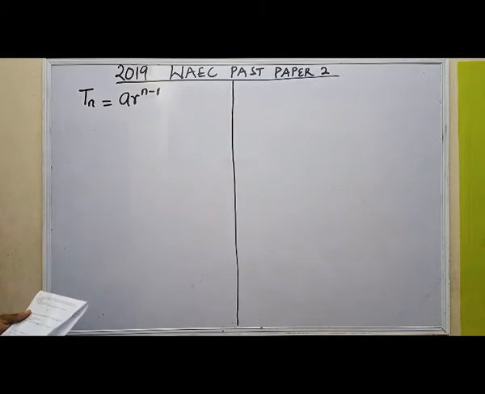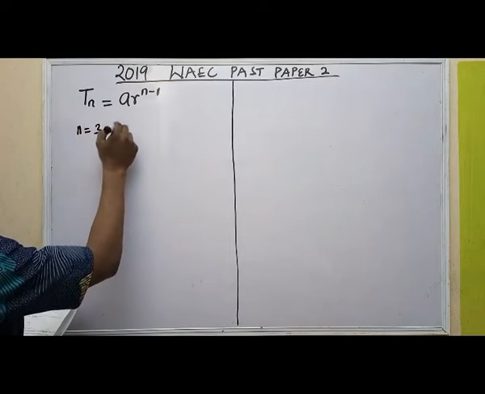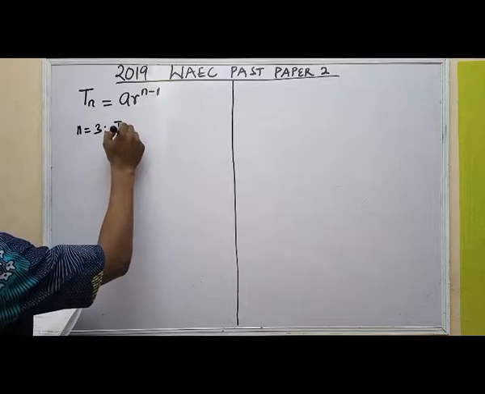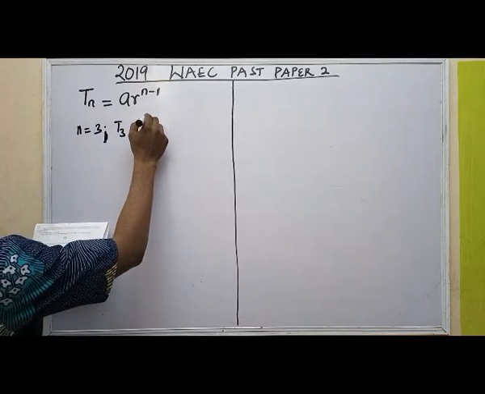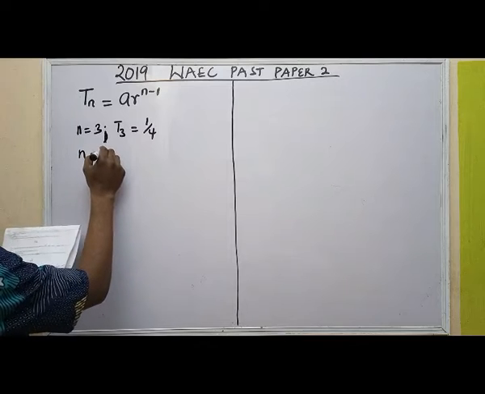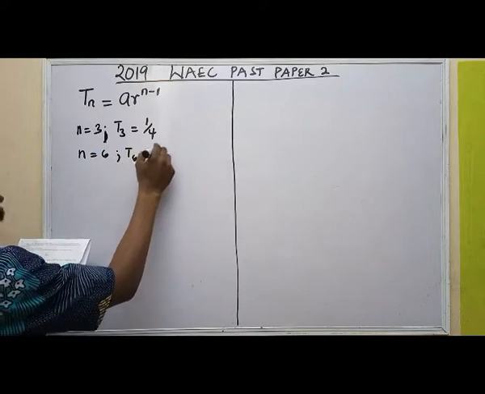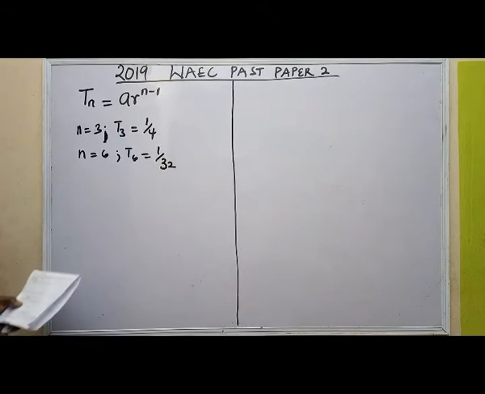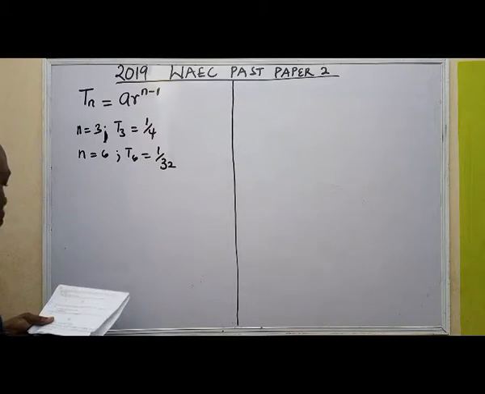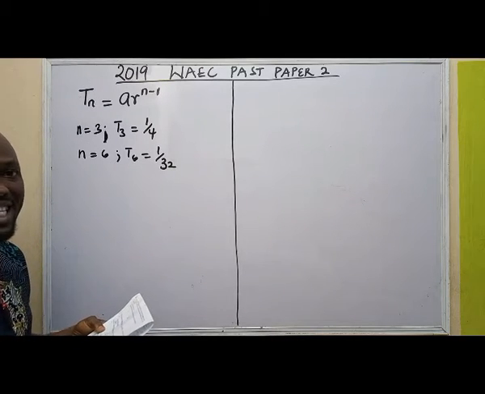In this problem, we're told that the third term, meaning that when n is 3, T sub 3 is 1 over 4. When n is 6, T sub 6 is 1 over 32. So therefore, we want to find the first term and the common ratio of the sequence.